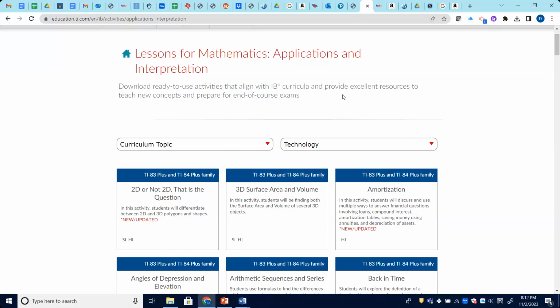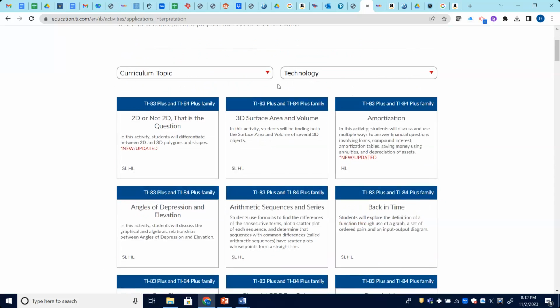So actually, this is the applications and interpretations button. What you will see here is every activity that falls under the heading of applications and interpretations. There's a group called the core that is within all four math classes, the standard level and higher level for both courses.